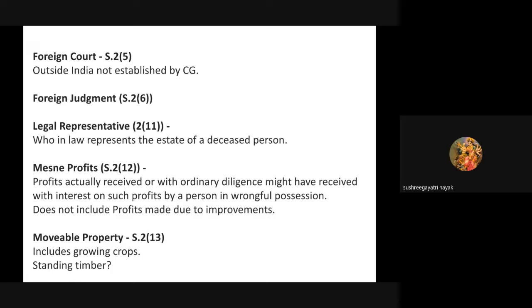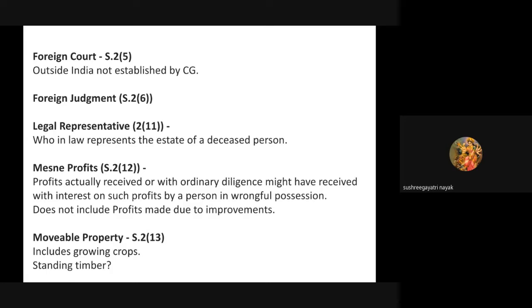For example, if the person later says that no, I have not cut down the crops, somebody else took it away, or some cows came and ate the crops, he cannot take such pleas, because as per ordinary diligence, we are of the opinion that he must have received the profits, and he's making a wrong assumption. So in that case, these will be mesne profits.